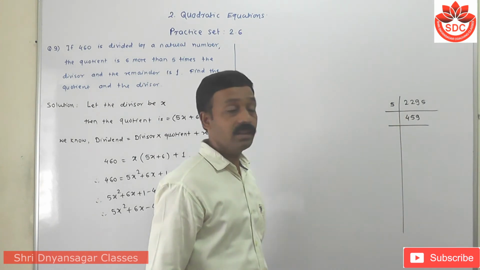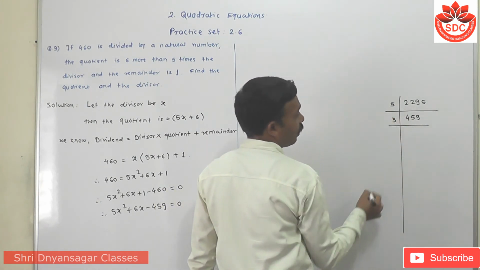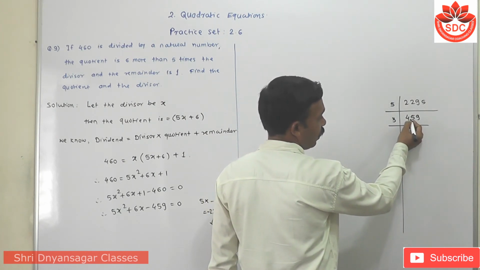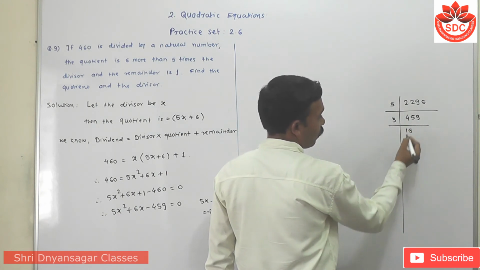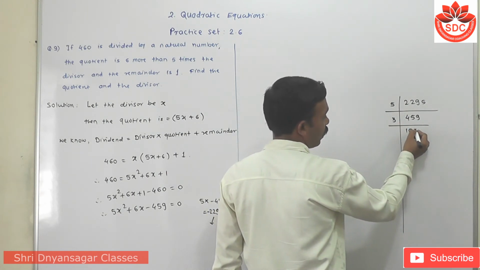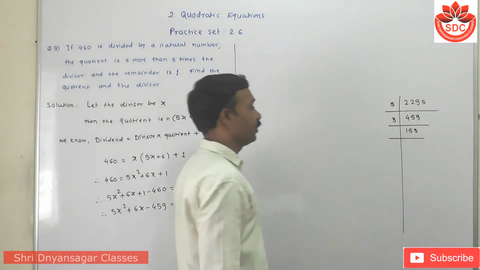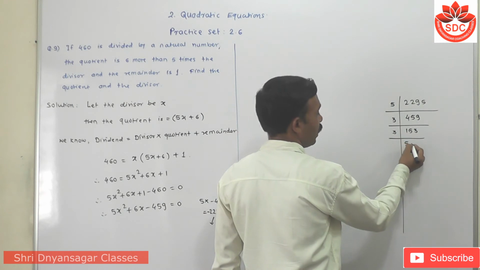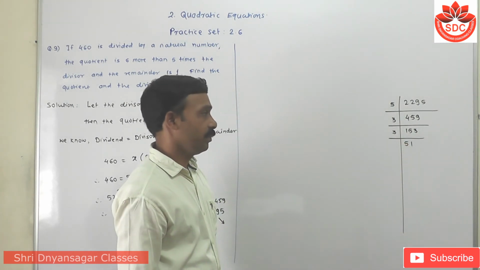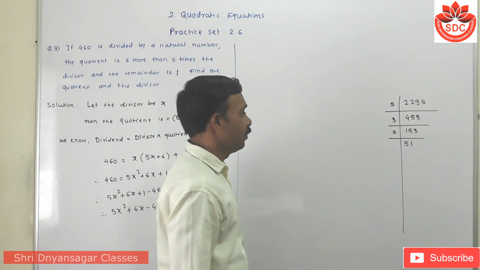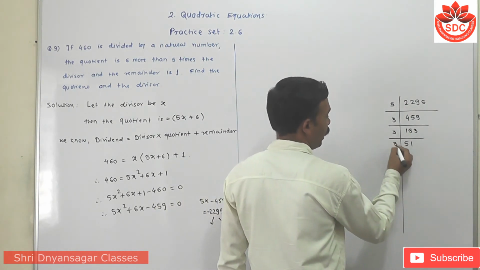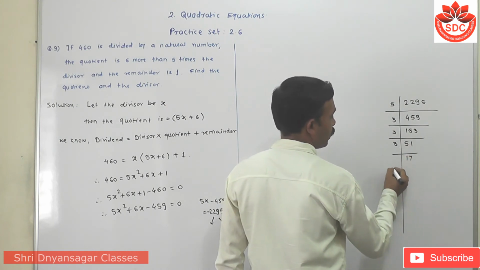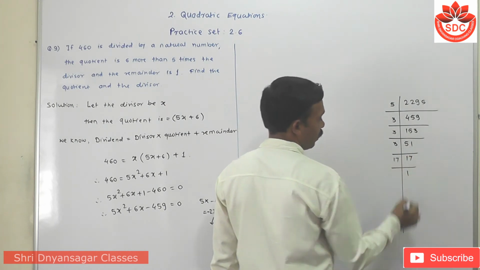We can divide it by 3. 3 ones are 3, then remaining is 1 here. 3 5s are 15, then 3 3s are 9. Then again we can divide it by 3: 3 5s are 15, 3 1s are 3. Then 51; again we divide it by 3. 3 1s are 3, 3 7s are 21. Then 17 1s are 17.